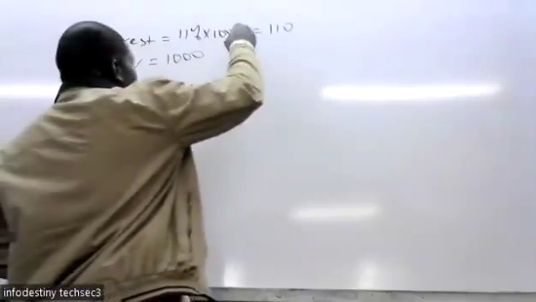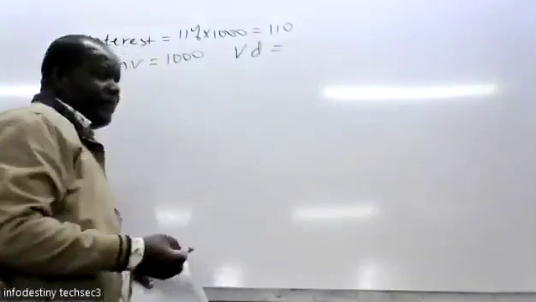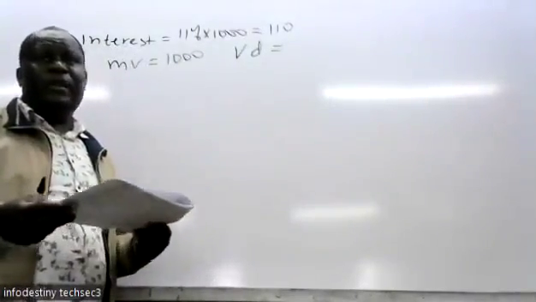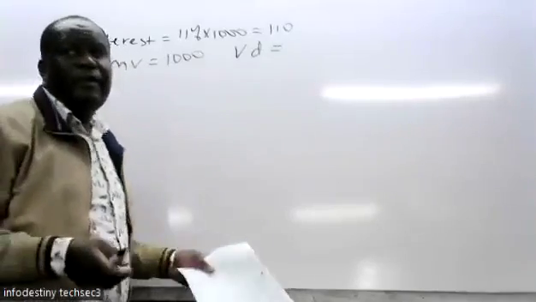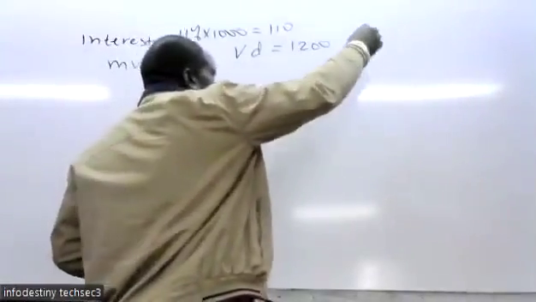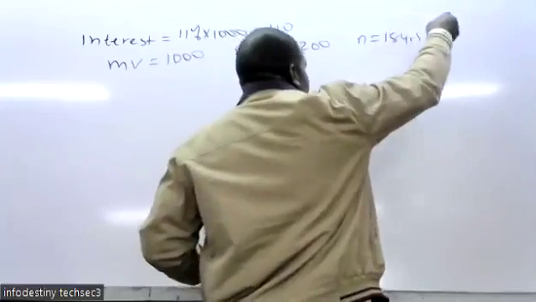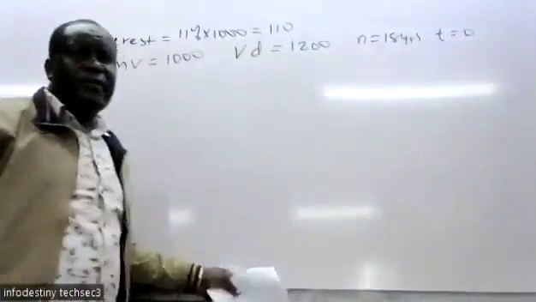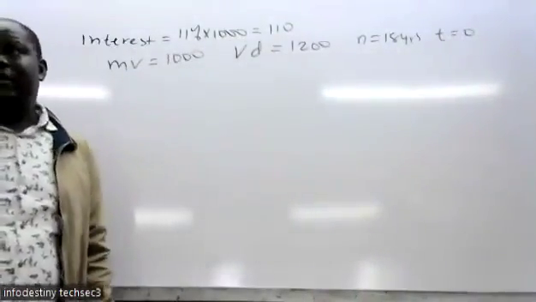The current value of the bond has also been given: it currently sells at 1,200. N is 18 years. The tax rate has not been given, so we assume it is 0.